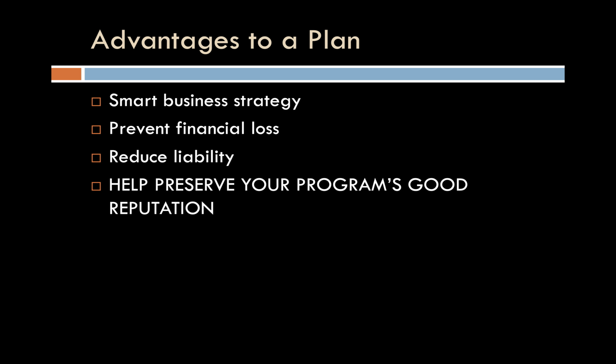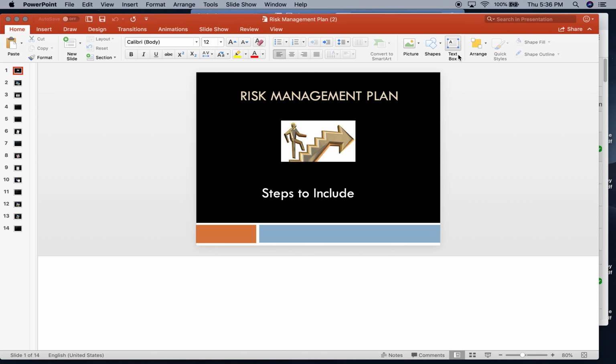It will also help to prevent financial loss, depending on what the situation was, and especially when it comes to reducing allegations of child abuse or any other types of allegation. And it also reduces liability, and it can help preserve your program's good reputation. And that's why it's so important to have a risk management plan in place.